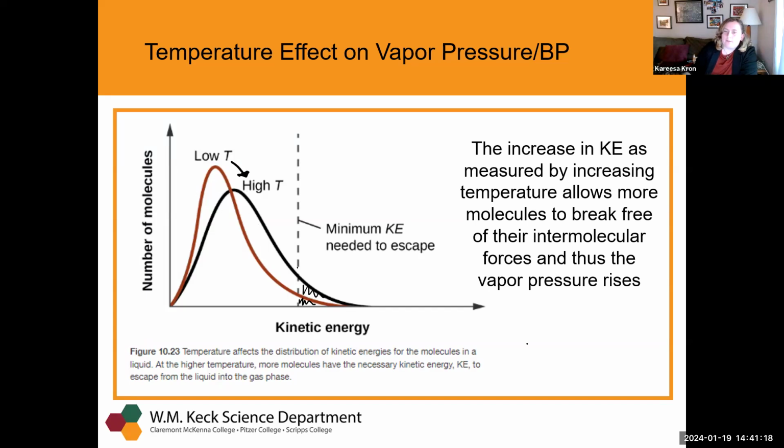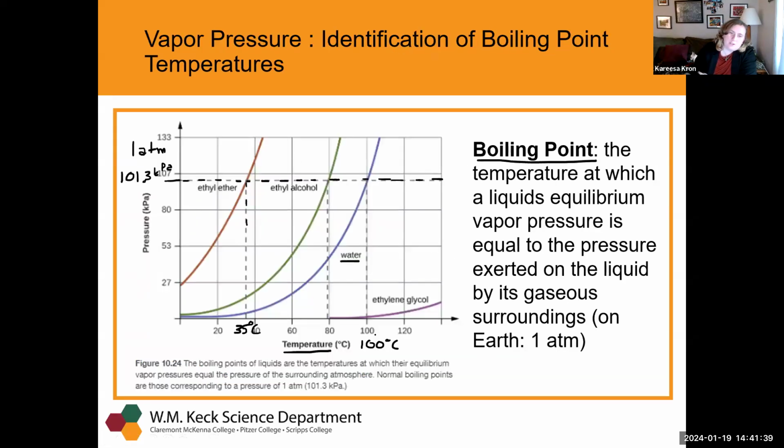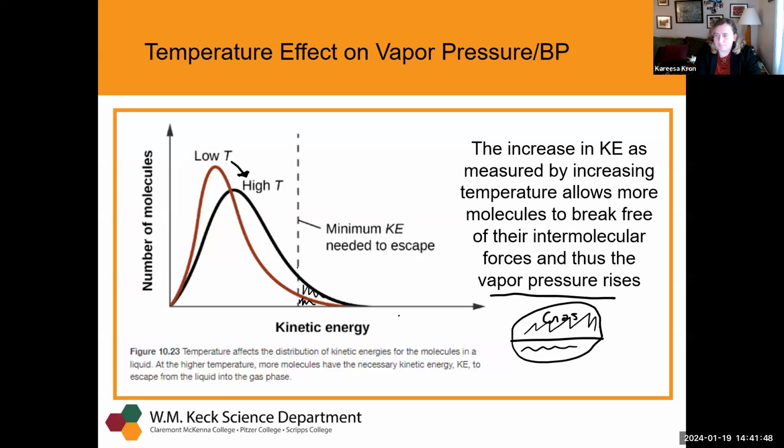If more molecules can escape, then your equilibrium pressure between the gas and the liquid, so this is our gas and this is our liquid, the vapor pressure, will increase with temperature, which is the same thing we saw on the last slide: as we increase our temperature, our vapor pressure increases because more of our liquid is leaving and forming a gas at equilibrium.